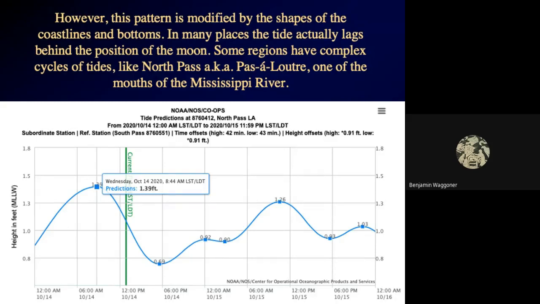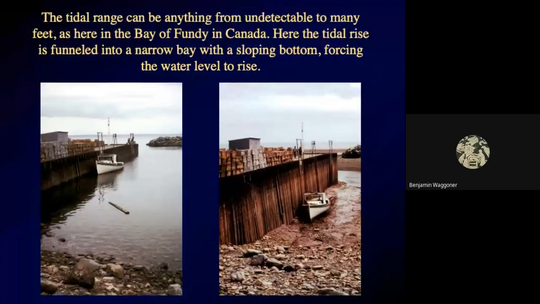And the range of tides between high and low can be anything from undetectable to many feet. The highest tides in the world are those in the Bay of Fundy in Canada, in the province of Nova Scotia. And that's because that bulge of water gets funneled into a narrow bay where the bottom slopes rather steeply.